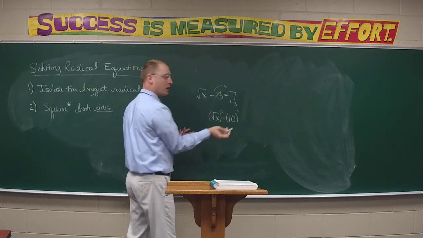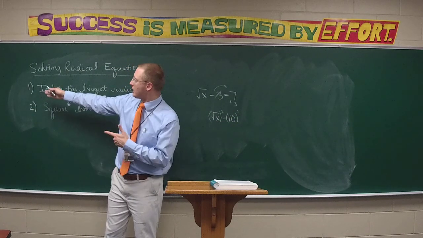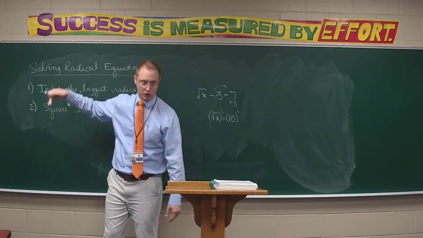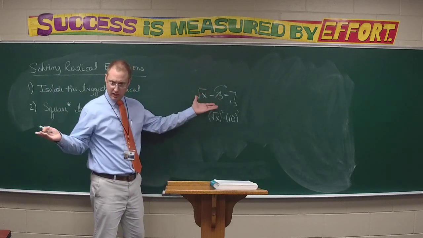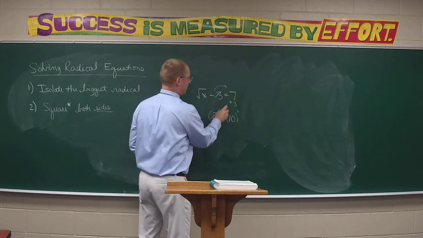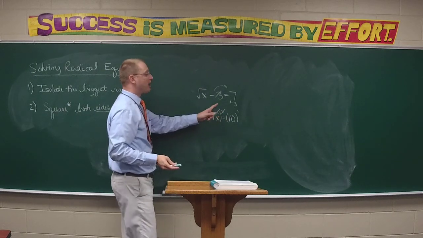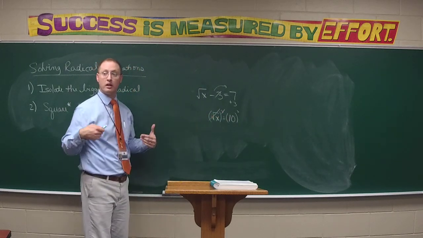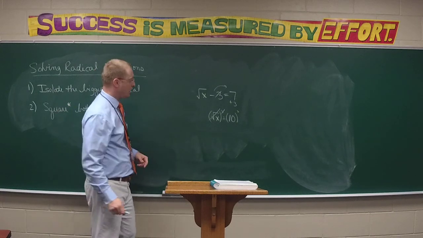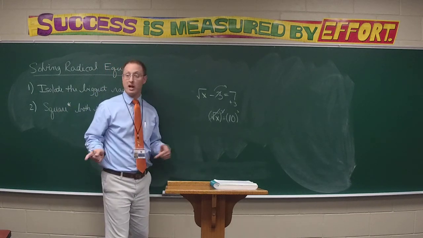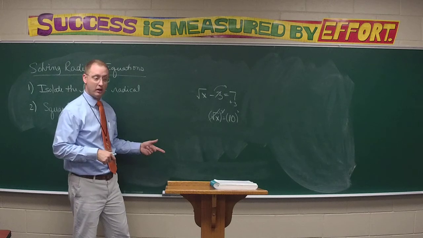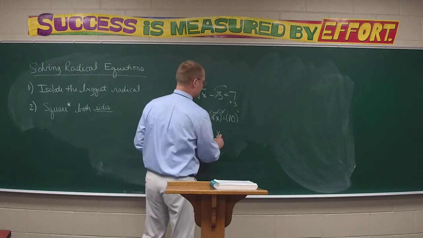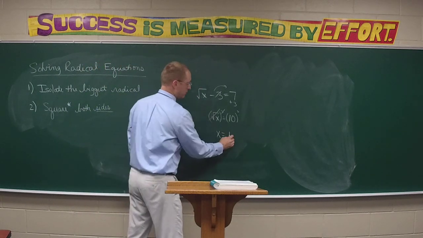So we square both sides, just like when we were completing the square. To get rid of the square, we took the square root. To get rid of the square root, we square. Make sense? We're doing the opposite. The square and the square root cancel, because when you square a square root, you get the radicand. So that gives me x is equal to 100.